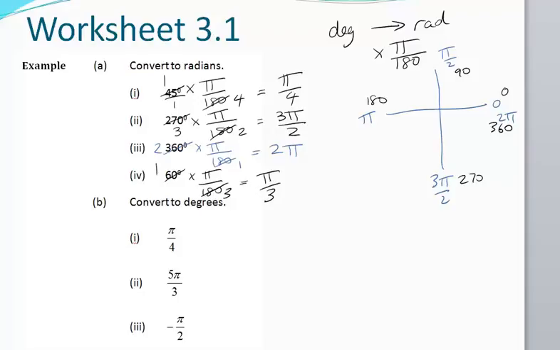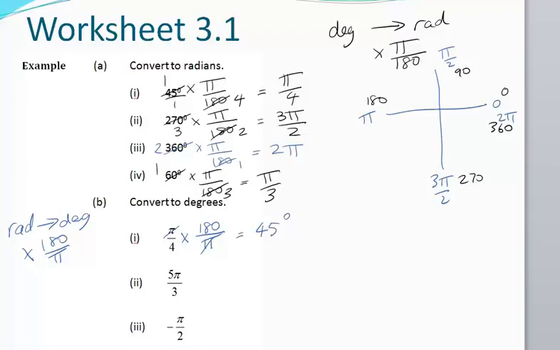So similarly, to convert from radians to degrees, we need to multiply by 180 on pi, so the inverse here. So here, pi times 180 over pi, our pi's will cancel. 180 divided by 4 gives us 45 degrees.